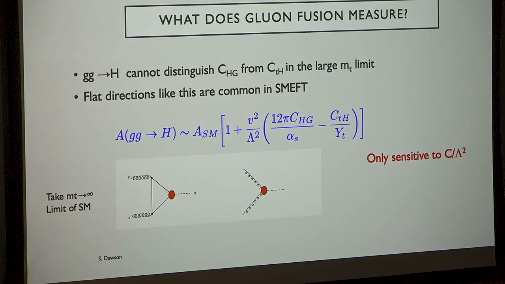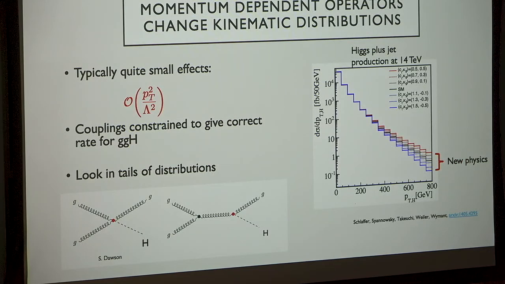And that's an independent statement from the Warsaw Basis being all independent operators. That is saying that that process depends on one combination of operators. And I will show you how you break that degeneracy in this particular case. But it occurs over and over and over again in standard model effective field theory, that a given process will only measure a certain combination of operators. So you see it in this also.